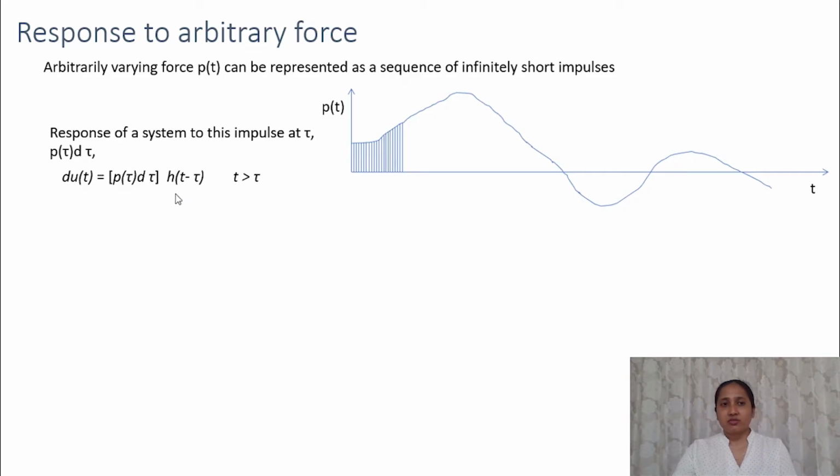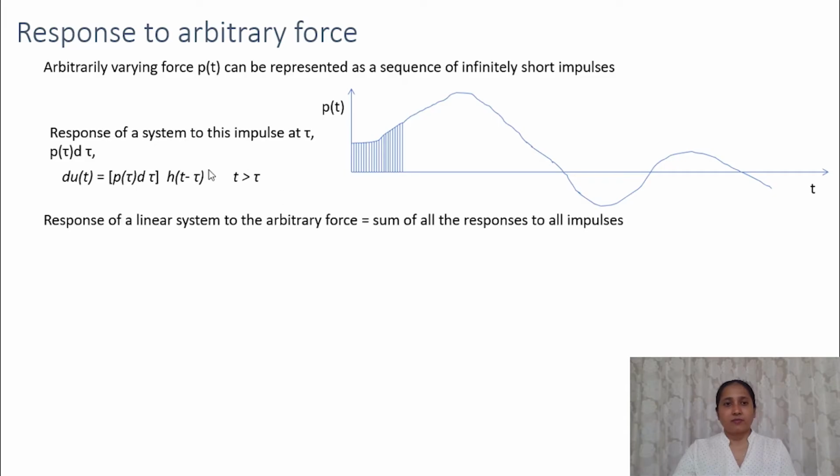So the response of an impulse equal to p tau d tau will be that times the unit impulse function. So this is possible since we are dealing with a linear system. If the system was non-linear, this will not work.